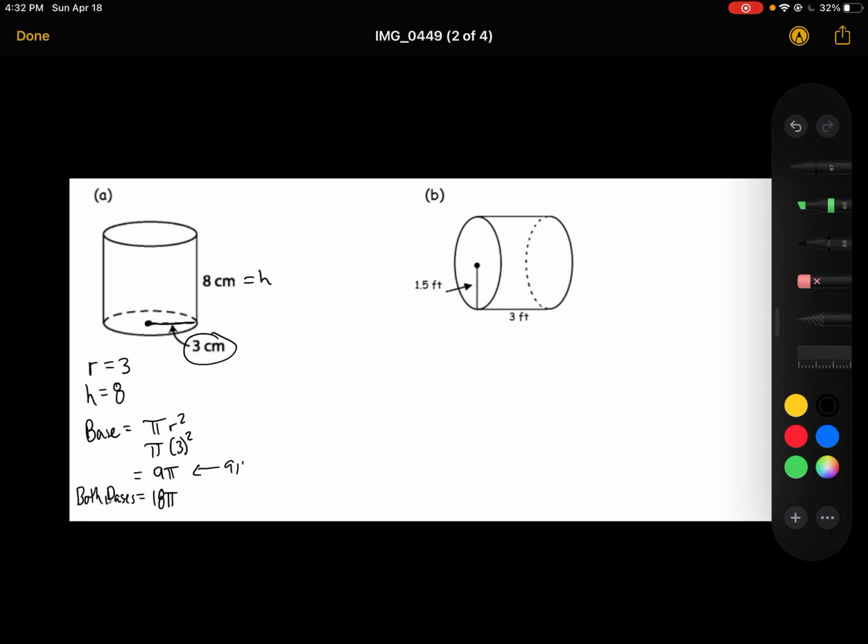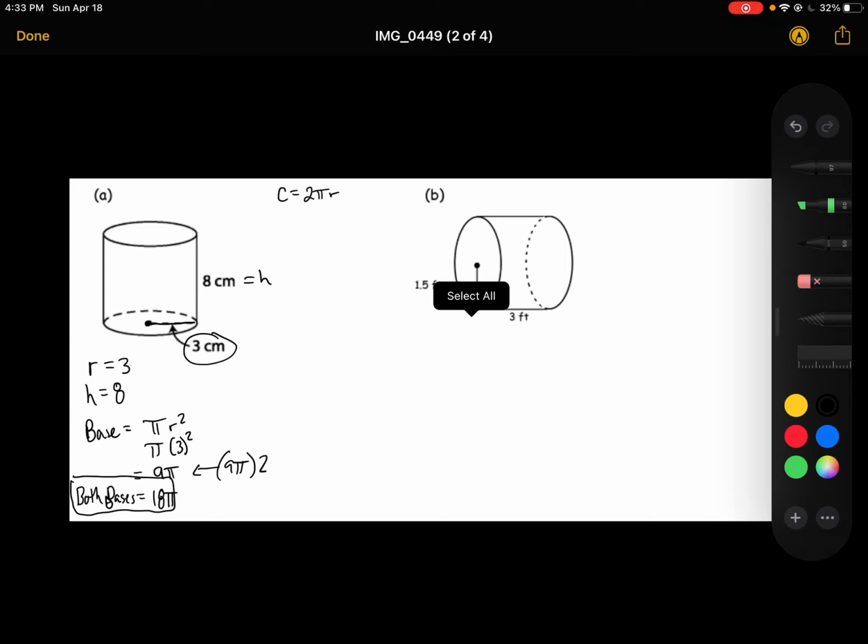Either way you do it, for both bases, we'll get an area of 18 pi. You can take this 9 pi, multiply it by 2, because we have 2 bases. So both bases together give us 18 pi.